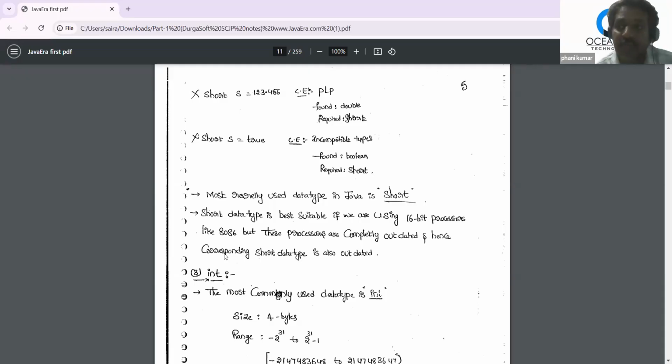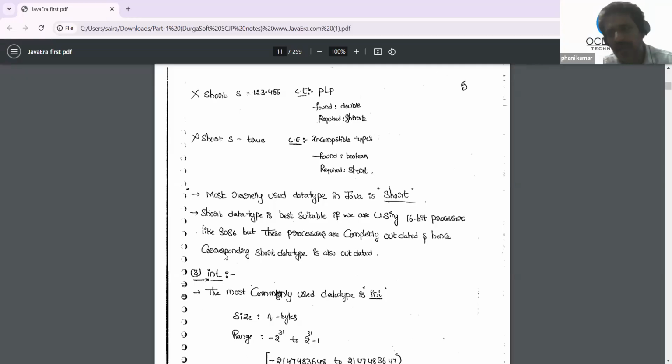So they said that short is an outdated data type, and because of that, byte and short are not regularly used in our programming. We should use int as the main data type.